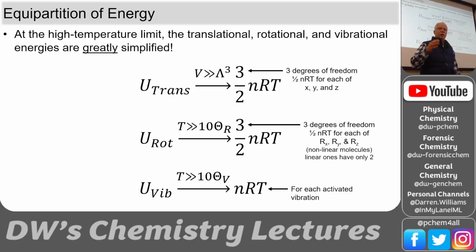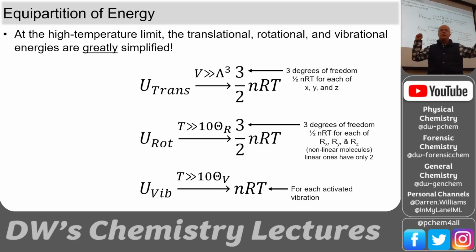Okay. And so low frequency means it might be 10 wave numbers. If you multiply or divide by 0.695, you convert it to temperature. So maybe it's 13 Kelvin. Well, gosh, that's going to be active at room temperature. 13 Kelvin here, room temperature is 298. We're way above 10 times the vibrational temperature for this mode.